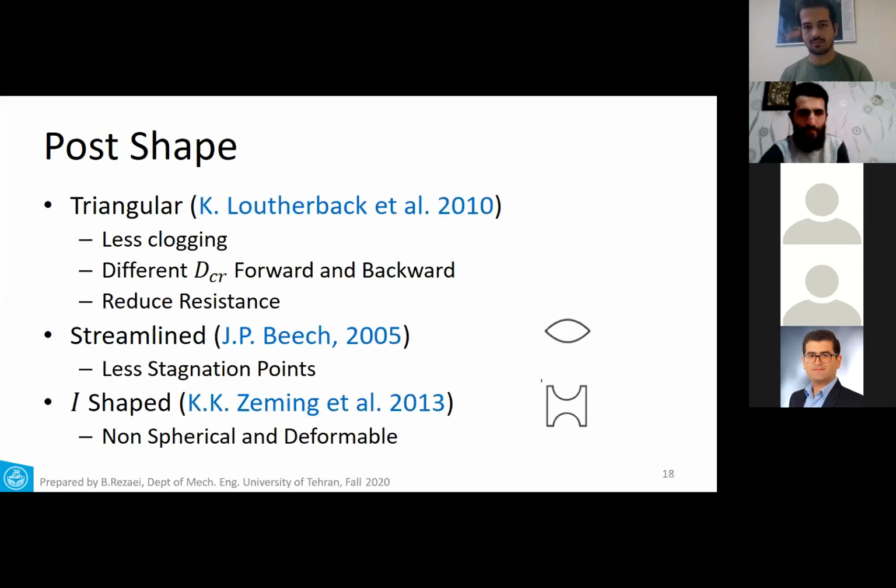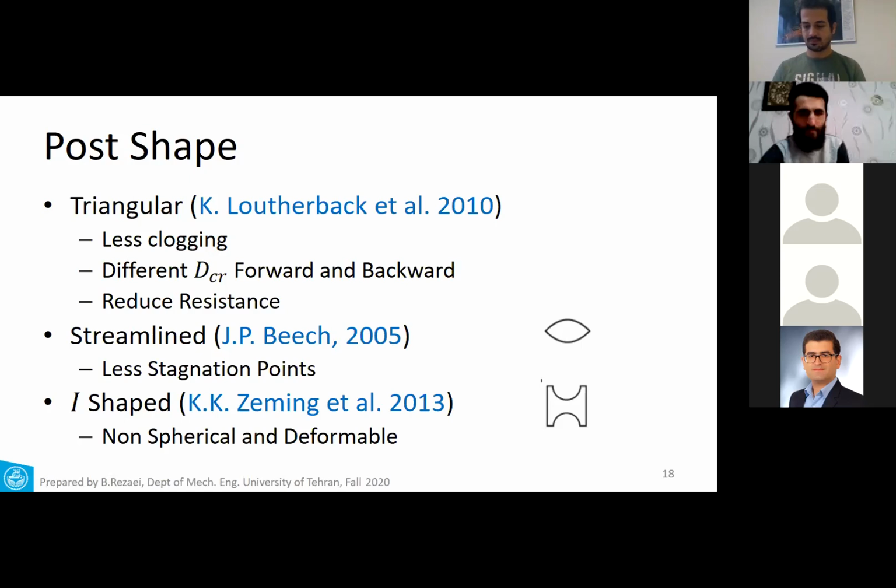What I've told you so far was about DLD, and in all the designs I've described up to now, the post shape was circular. Some people have tried changing the post shape to see whether there is a difference in throughput or efficiency. For example, Mr. Lutherbeck changed the post to triangular, and there was less clogging, less probability that particles cannot pass the gaps.